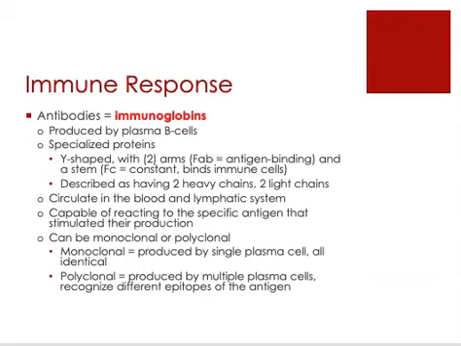The monoclonal type of antibody, all of those antibodies that are monoclonal respond to the same epitope on an antigen. But a polyclonal type of antibody includes a group of antibodies that each respond to a different epitope on an antigen.